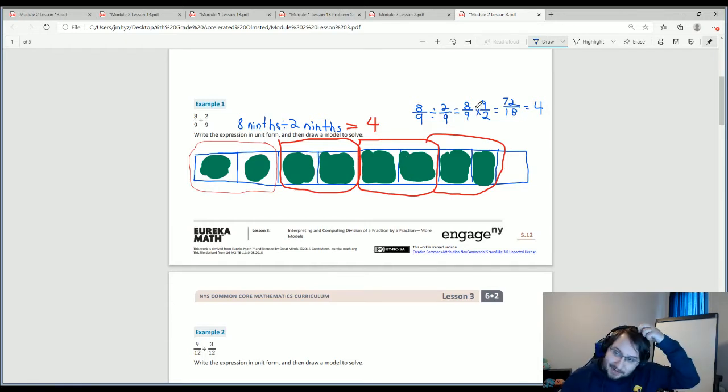I did say, however, that there was a little tiny bit of a shortcut. Now, this shortcut's only going to work if when we're dividing, we start out with our numbers having the same denominator. Because when we flip them over, I'll have, as before, 8/9 times 9 halves.